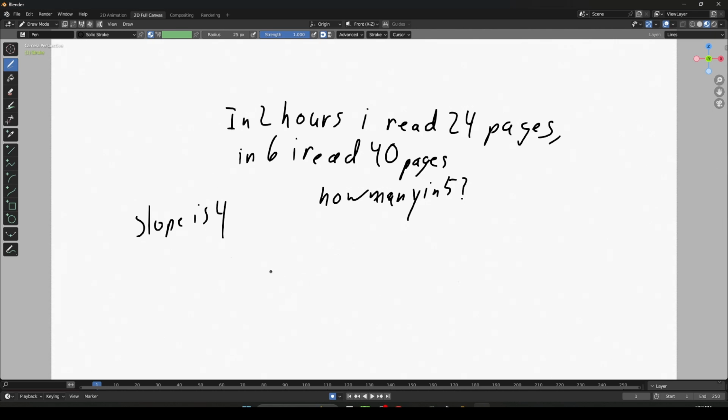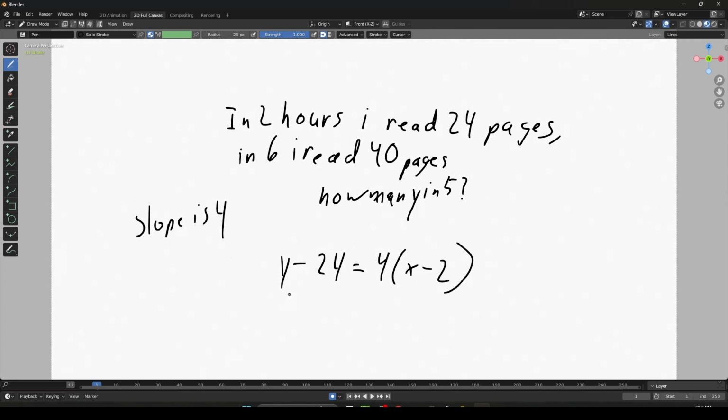Now that we know the slope is 4, what we do is plug it back into the point-slope formula. So y minus y1, I'm going to just use 24 because it's a smaller number, equals 4 times x minus 2. Easier to process.